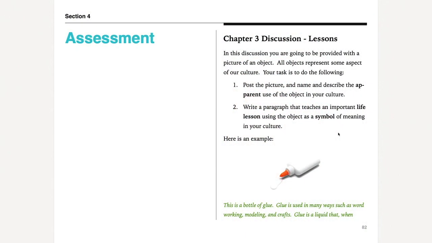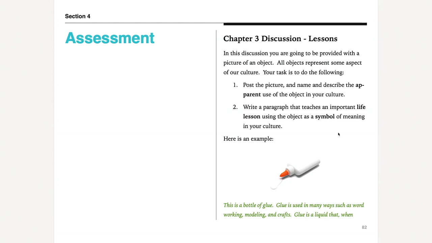Now, we're into the assignments here really quickly. We have a discussion where I'm going to be providing you with a picture of an object. I'm going to be sending this to you individually. All objects represent some aspect of our culture, like this glue, okay?